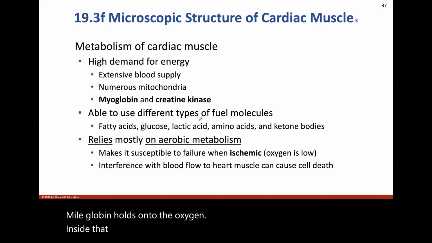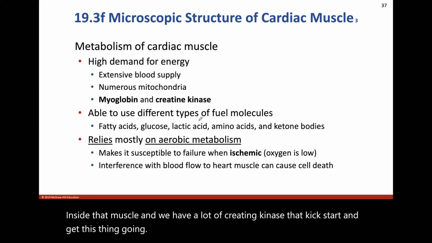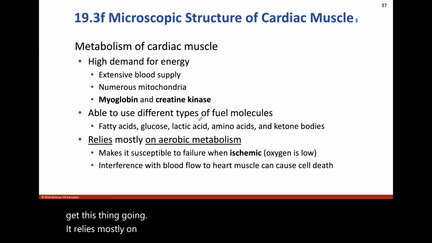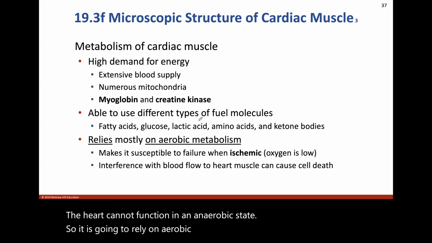And we have a lot of creatine kinase to kickstart and get this thing going. It relies mostly on aerobic metabolism, not anaerobic. The heart cannot function in an anaerobic state. So it is going to rely on aerobic metabolism. It is not one of those that can switch over into an anaerobic mode.